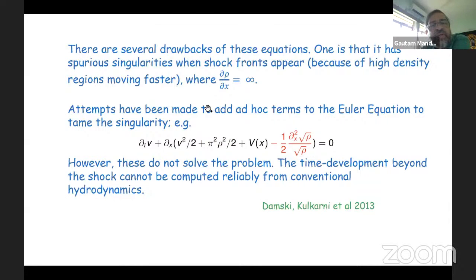So when that happens, our equations fail to tell us anything beyond that time.